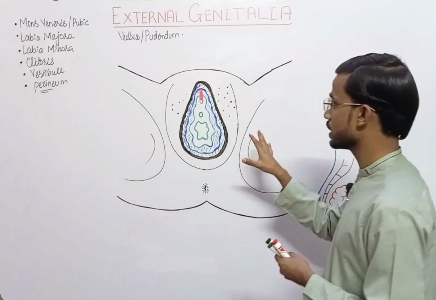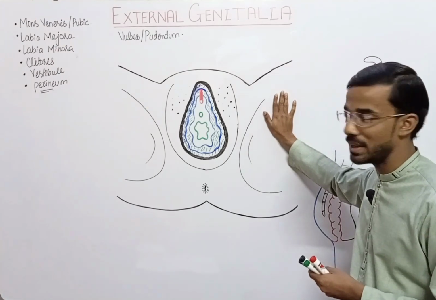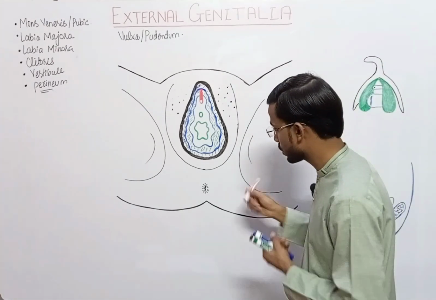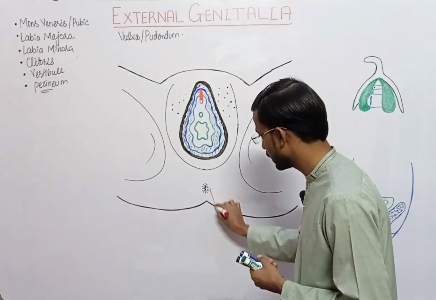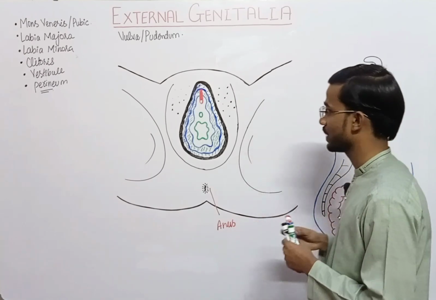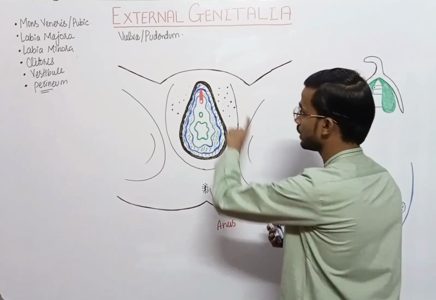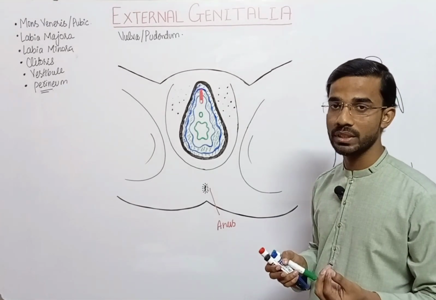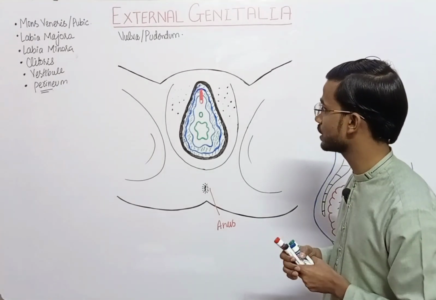Here you can see the structures of the female external genitalia, and this portion is the anus. Here you can see the overall different components of the female external genitalia.